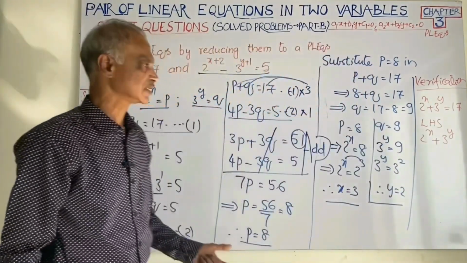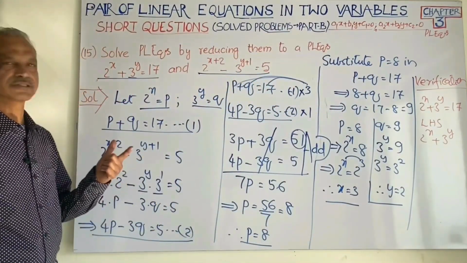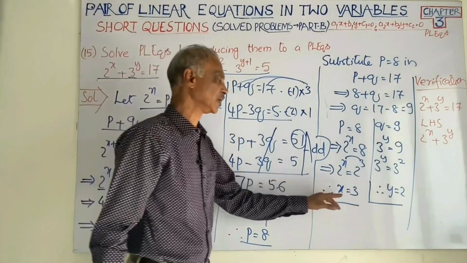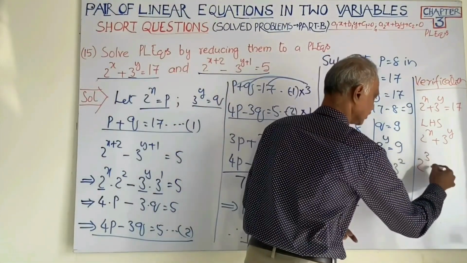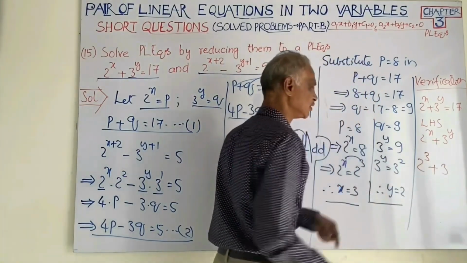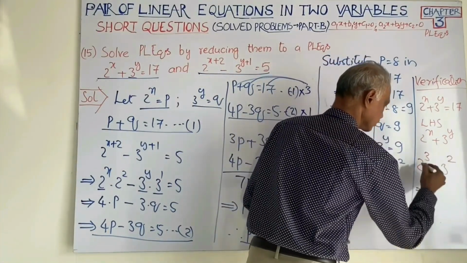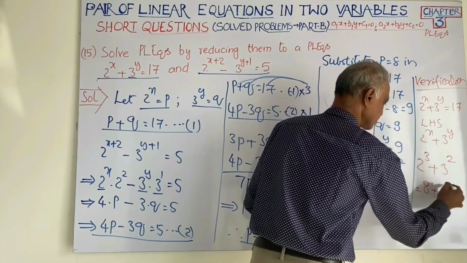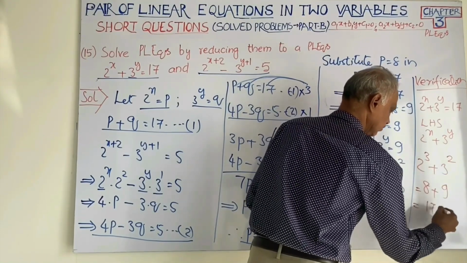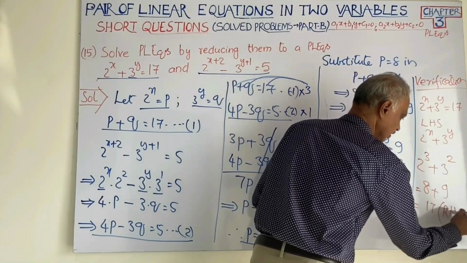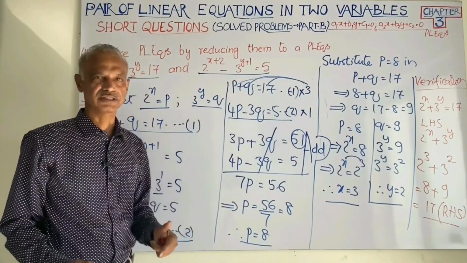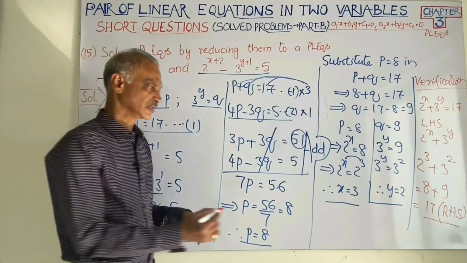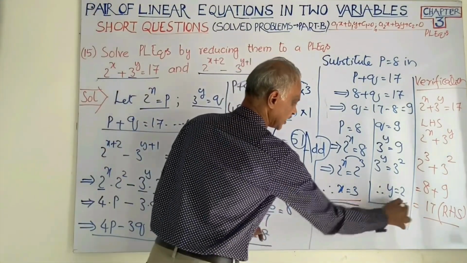I am taking LHS and I have to prove it equals RHS, 17. 2 to the power of, what is the value of x? 3. Plus 3 to the power of, what is the value of y? 2. You see, 2 cube means 8, 3 square means 9. You will get 17, that is RHS. I have taken LHS and proved RHS. Yes, our answer is true. x is equal to 3 and y is equal to 2.